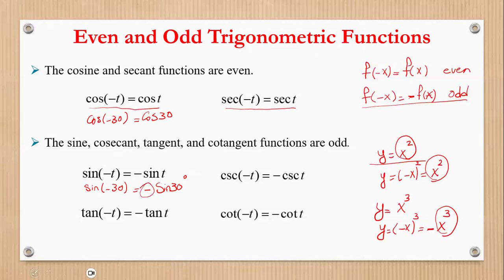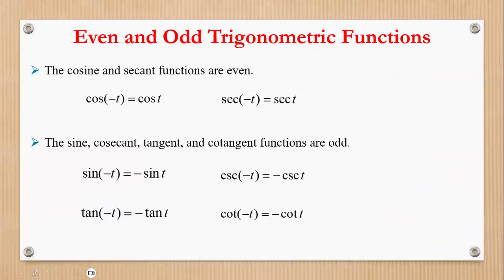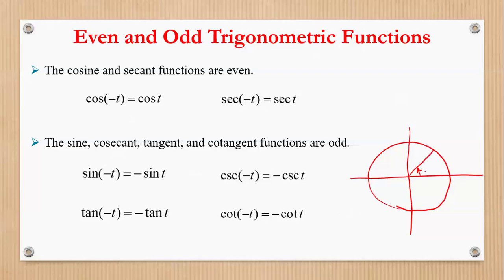And why does this happen? We can look at the unit circle again. If, for example, that's your angle theta, and you want to find the cosine of this angle, you just connect it to the cosine or x-axis, and that's the cosine of angle theta.